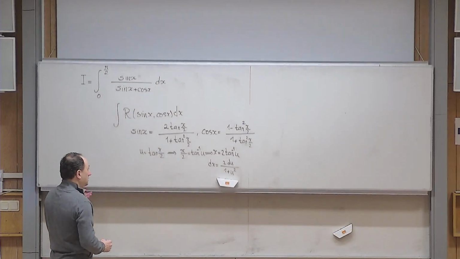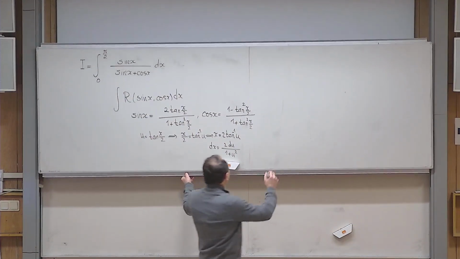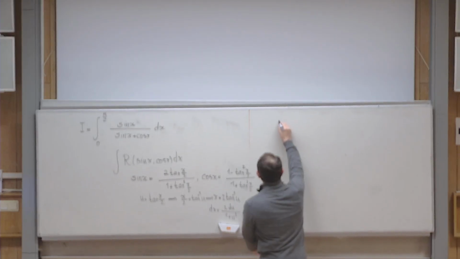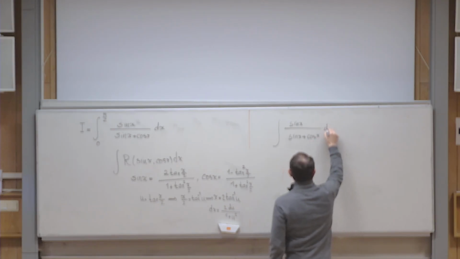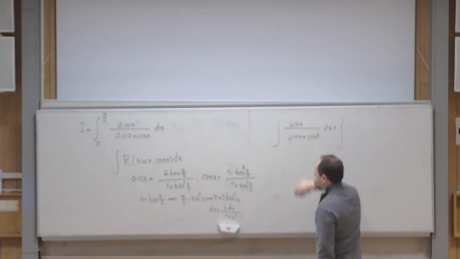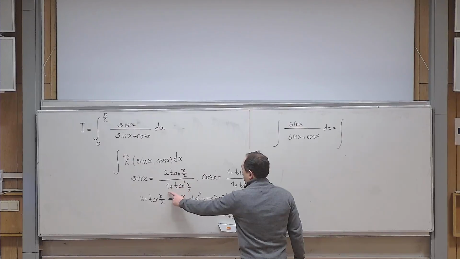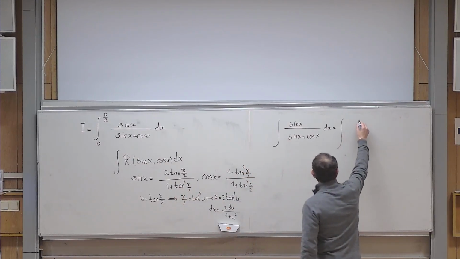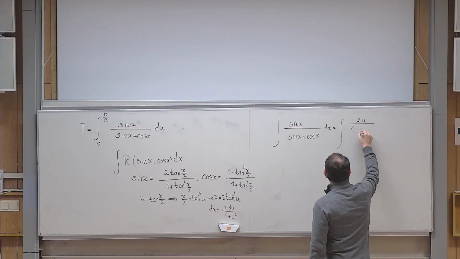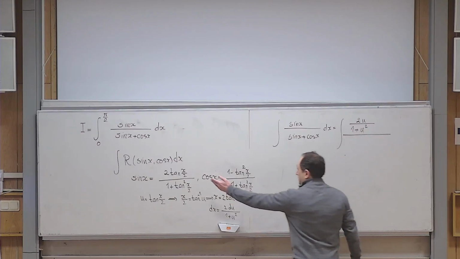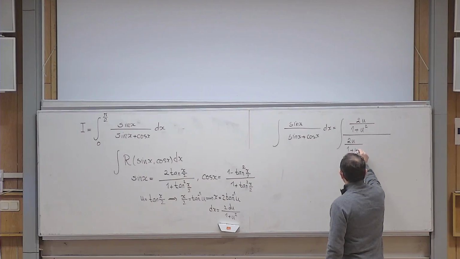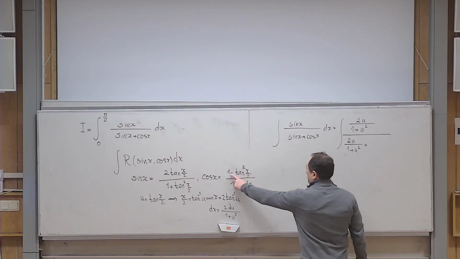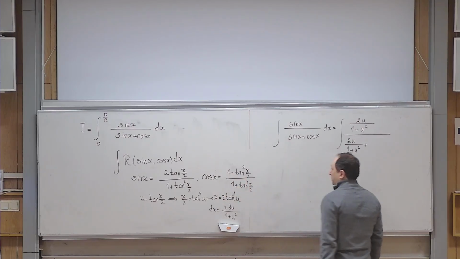And then let me continue here. So then you can write that the integral of sine x over sine x plus cosine x dx can be written in this form. Integral, instead of sine x, I put 2 times u divided by 1 plus u squared. And in the denominator, instead of sine x, I use the same expression. And for cosine x, I would write 1 minus u squared divided by 1 plus u squared.